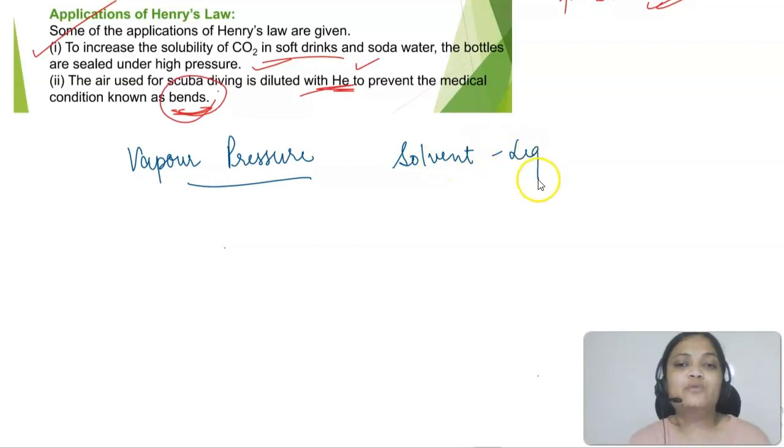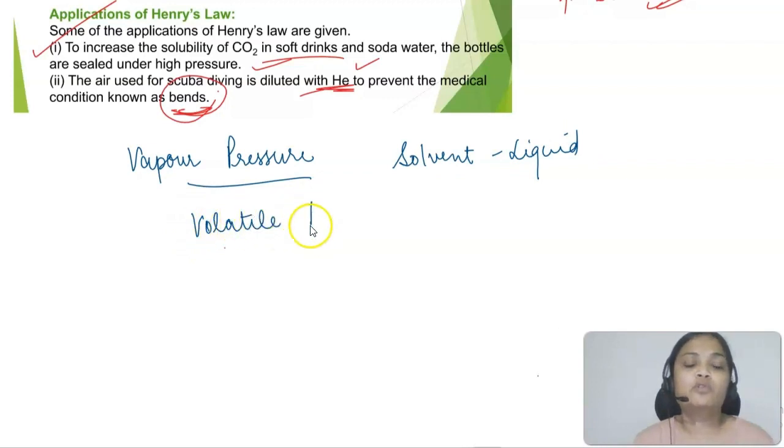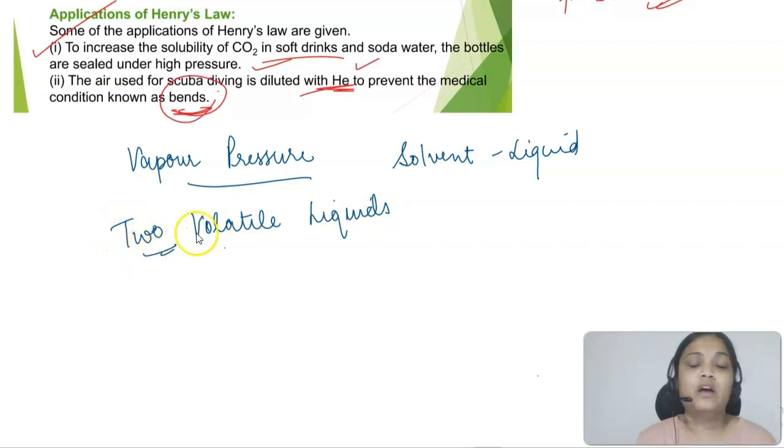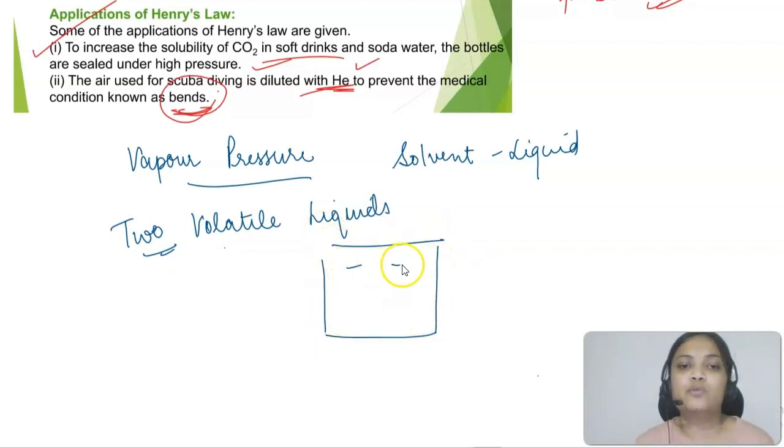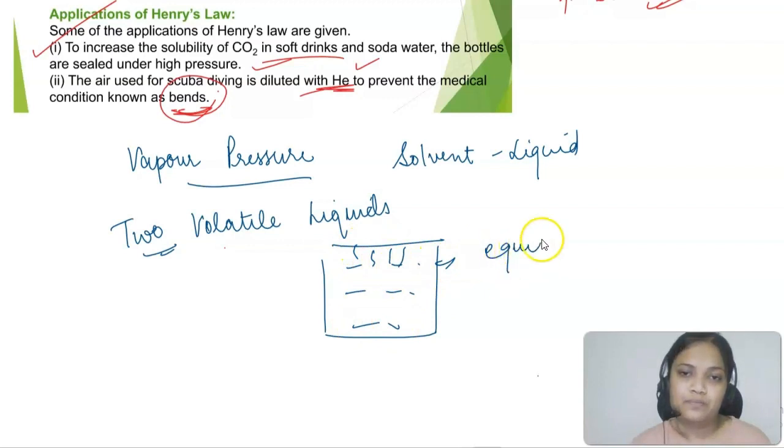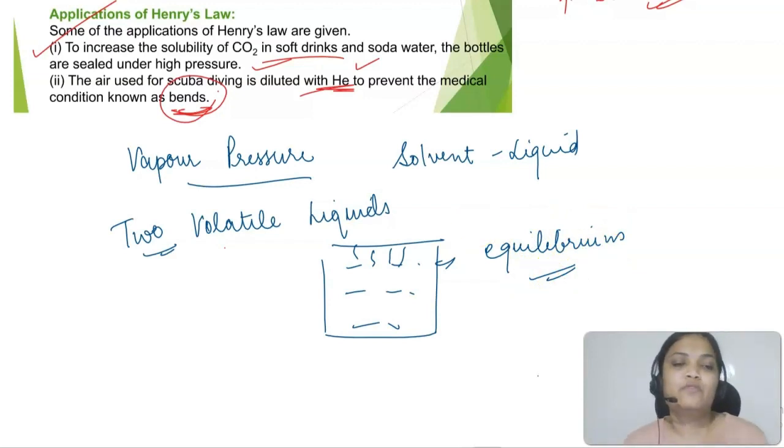Whenever we have a solution of two volatile liquids, meaning both of the liquids are volatile, in that case the liquids will evaporate. Let's say you have a closed container: both the liquids will evaporate and an equilibrium will be established between the liquid state and the vapor state.